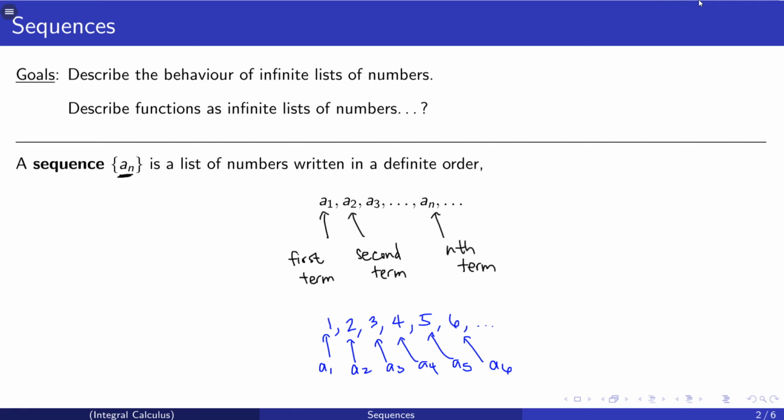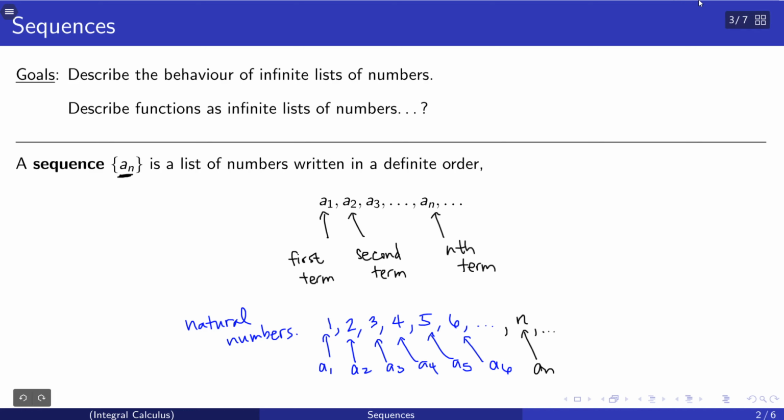And for this particular example, for the naturals, we're actually able to describe this using a general formula for the nth term. What's the nth term in this list? So the first term is 1, the second term is 2, and so on. Well, the pattern holds forever.